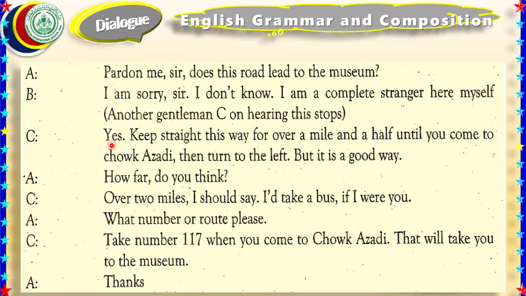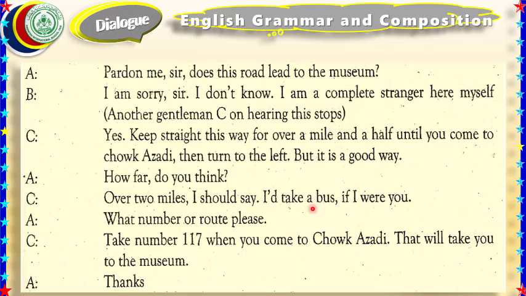Mr. C: Yes, keep straight this way for over a mile and a half until you come to Chowk Azadi. Then turn to the left, but it is a good way. Mr. A: How far do you think? Mr. C: Over 2 miles, I should say.